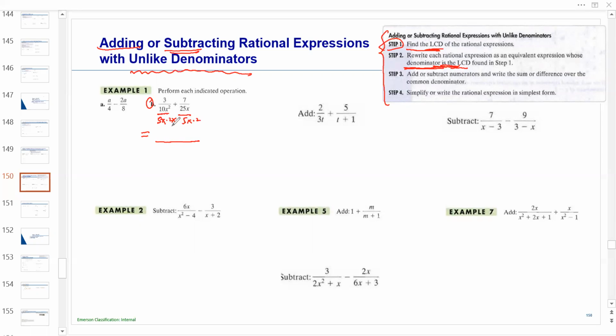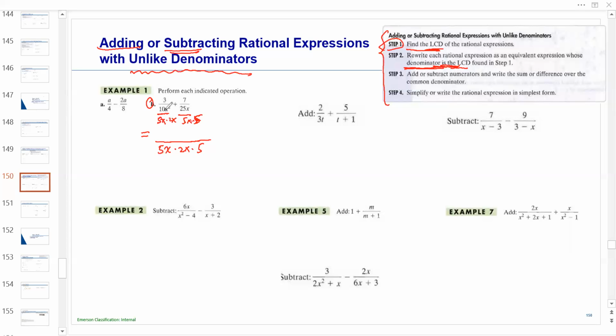So here you need a times 5, I'm sorry, here it is times 5x times 5. So 5x is the common factor, and 2x times 5 one more time, so you get 50x squared.